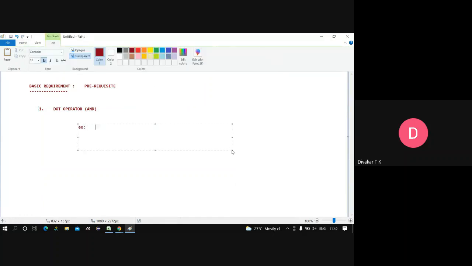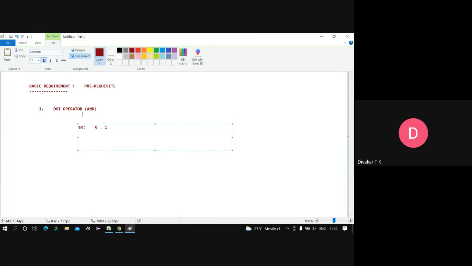For example, I want to join two symbols. Everyone is aware of symbols, no? For example, 0 and 1. Both are symbols, yes? In between them I will use the dot operator: 0 dot 1.